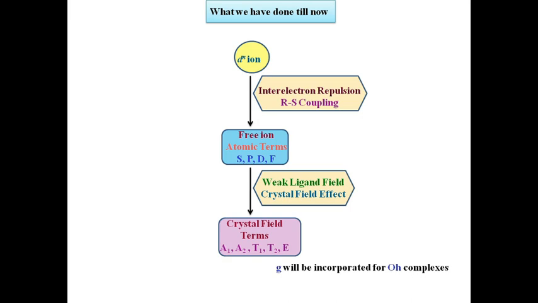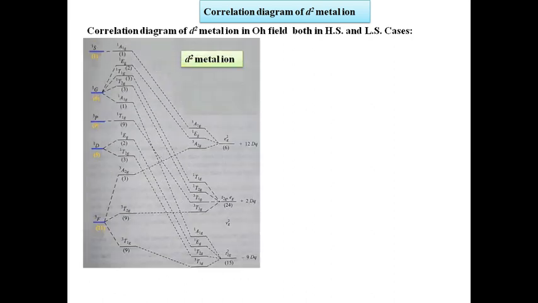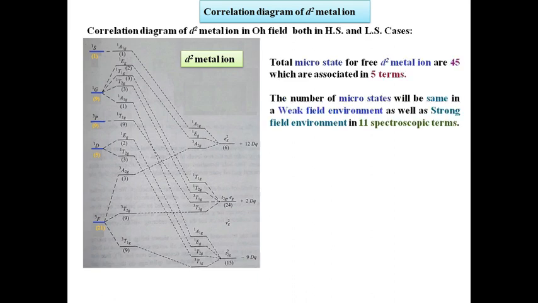Now let us see how these free ion atomic terms as well as crystal field terms are used to construct the Orgel diagram. The correlation diagram of d2 free metal terms and the crystal field terms arising from it in the presence of weak field as well as strong field ligand environments are shown. On the left side, free metal ion terms for the d2 configuration and its components of terms in weak field and strong field cases are shown.